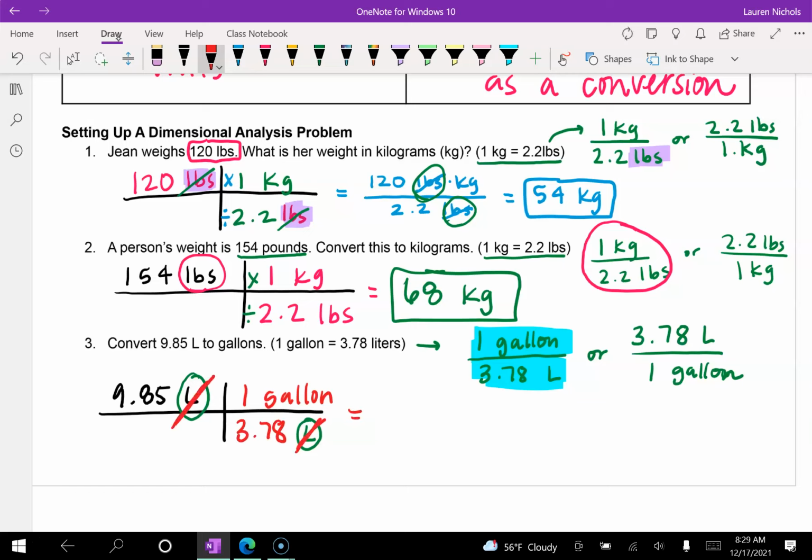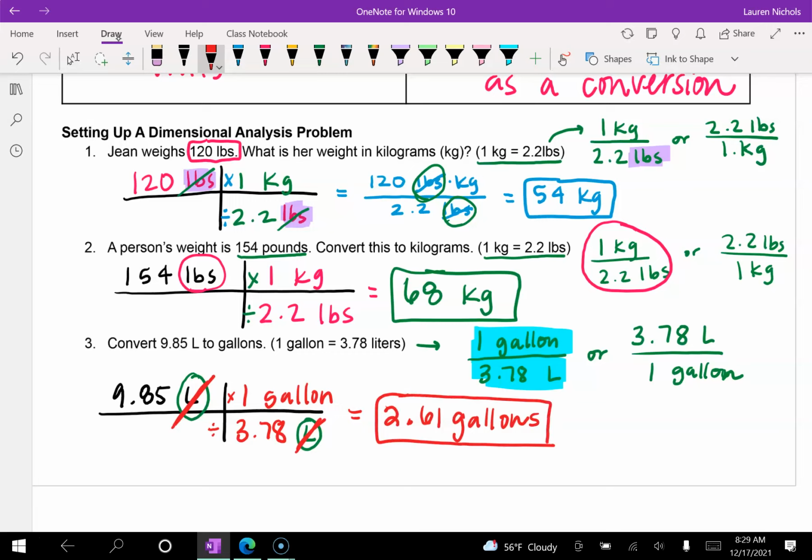Liters will cancel out, so my only unit left is gallon, which is what I wanted. And 9.85 times 1 divided by 3.78 gives us 2.61 gallons. Since it's more than one, we'll add the S there.